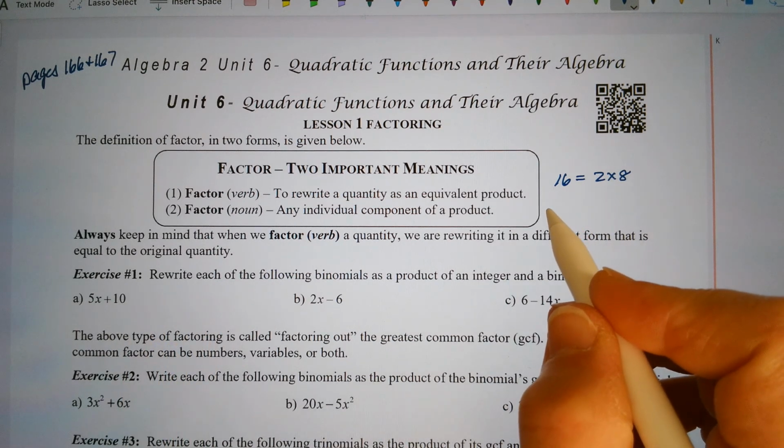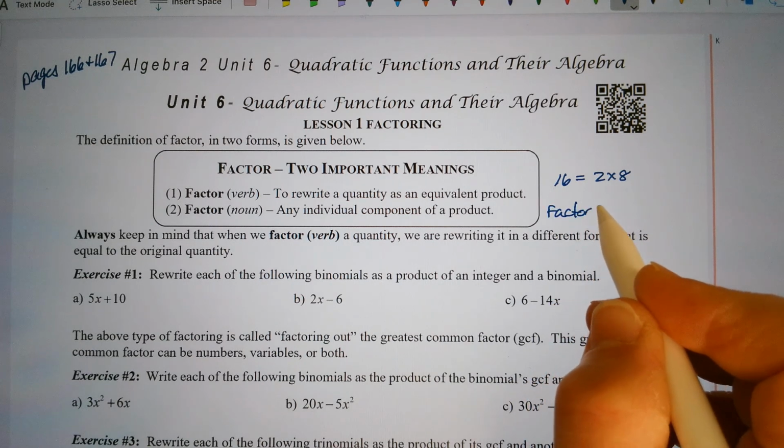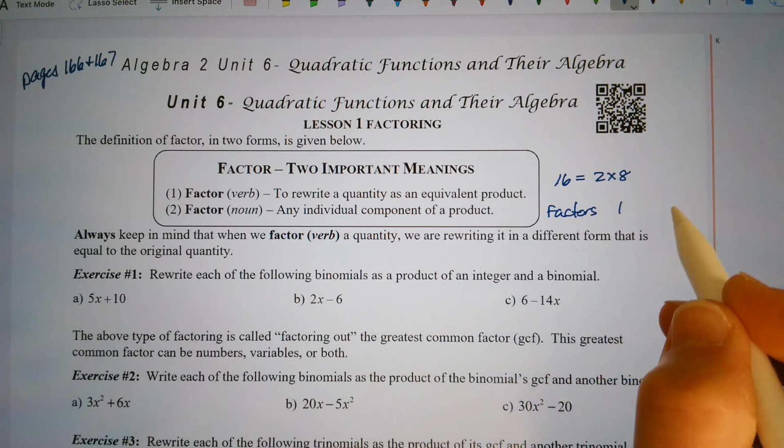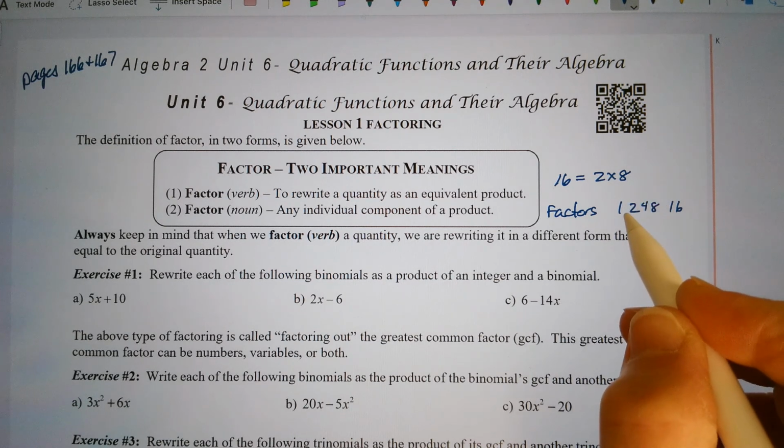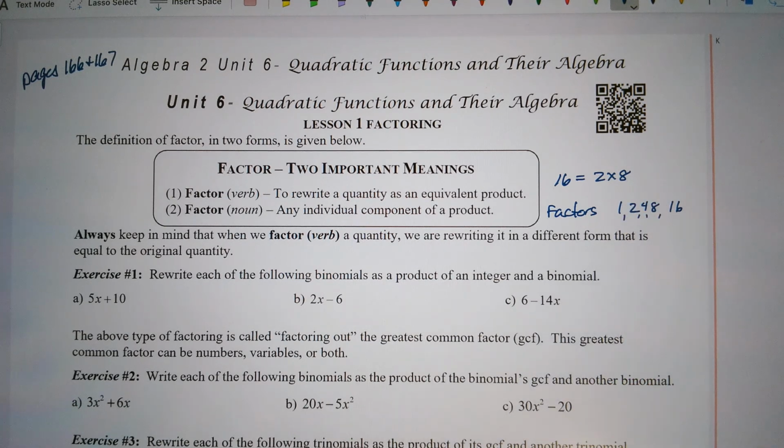So the factors of 16 are 1 times 16, 2 times 8, and 4 times 4. So you have 5 factors of 16. Always keep in mind that when we factor a quantity, we are rewriting it in a different form that is equal to the original quantity.